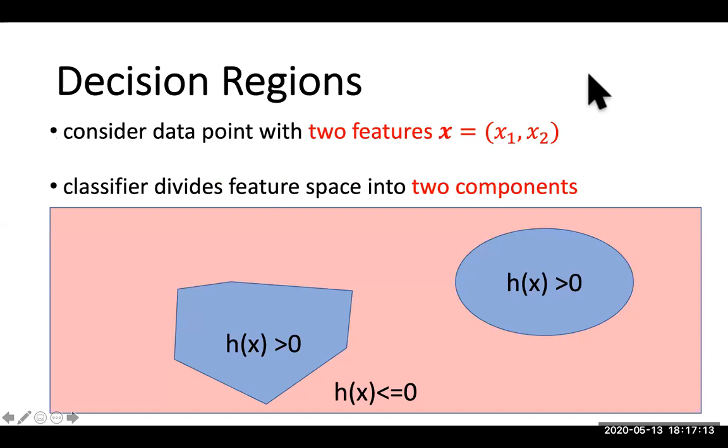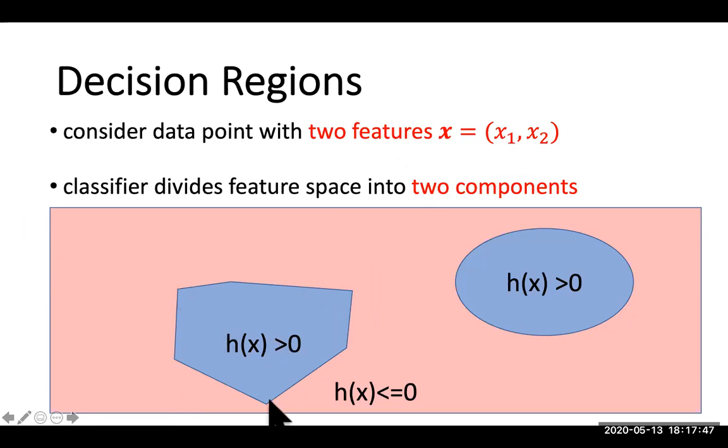It's sometimes useful to represent the classifier map by looking at all possible feature values. So let's say we have two features. The x1 is the horizontal axis, and x2 is the vertical axis. And a particular point in this space corresponds to two numbers, the first feature and the second feature. And then a classifier divides the space into two components.